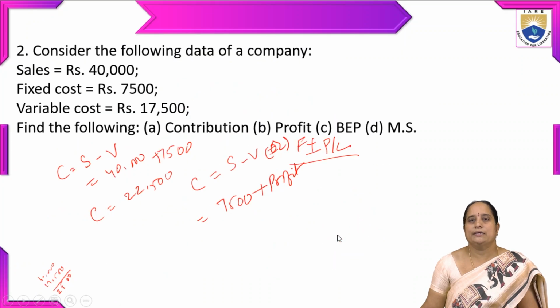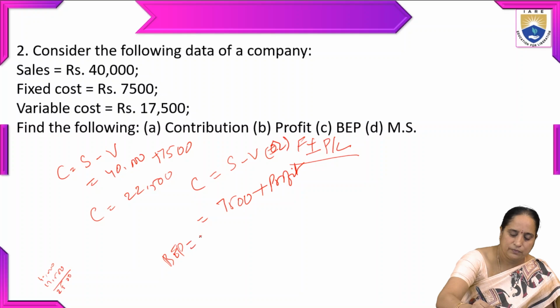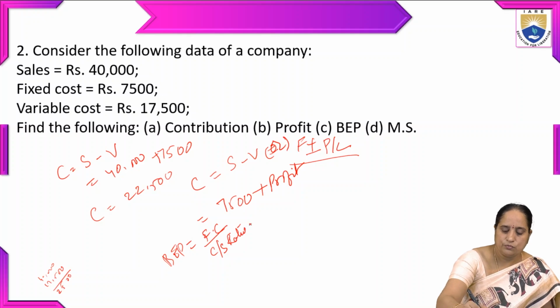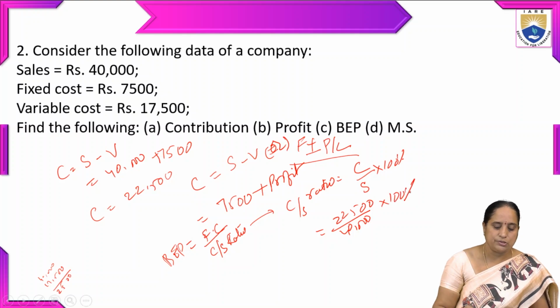So BEP is equal to fixed cost divided by PV ratio or contribution by sales ratio. First of all, we should find out the C by S ratio, which is equal to contribution by sales into 100%. Contribution is 22,500 and sales we know is 40,000. Whatever you get should be expressed in terms of percentage.